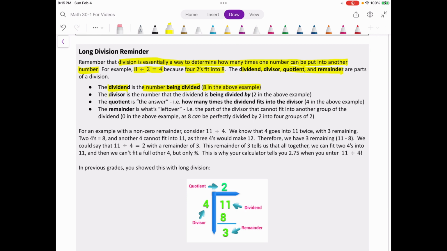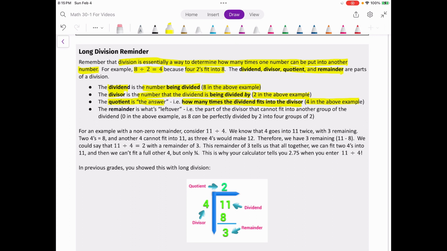The divisor is the number that the dividend is being divided by. So 2 in that example, right? 8 divided by 2. The quotient is the answer, so to speak. It's how many times the divisor fits into the dividend, right? 4 in that example would be our quotient, since 8 divided by 2 equals 4.